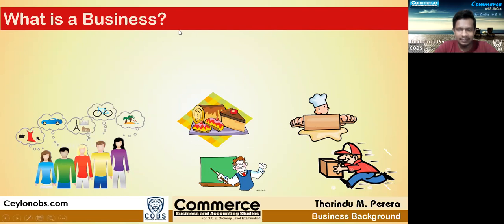Then what are they producing or delivering? First of all, in the first picture, you can see there are five people, but they have different needs and wants.